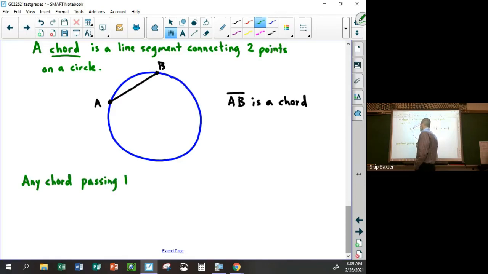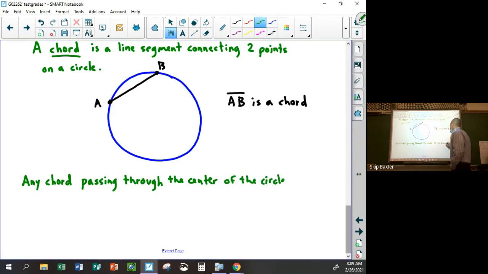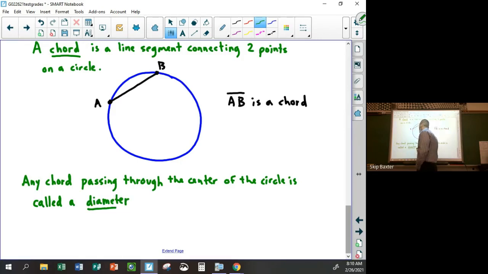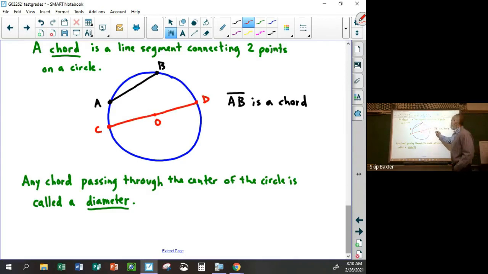So in this picture, if this is point C, this is point D, this is point O, which is the center of the circle, then you would say CD is a diameter.